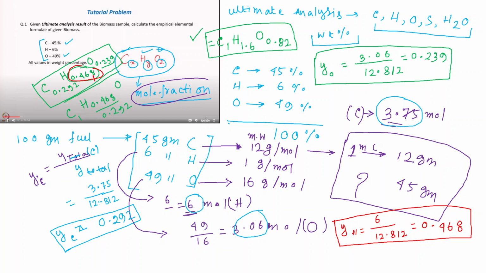Hydrogen will come 1, and you divide the others by 0.468 as well. You can make hydrogen 1, you can make anything 1. It is no issue, the ratio is the same, since we always calculate in terms of mole fractions. If you do anything, there is no problem.